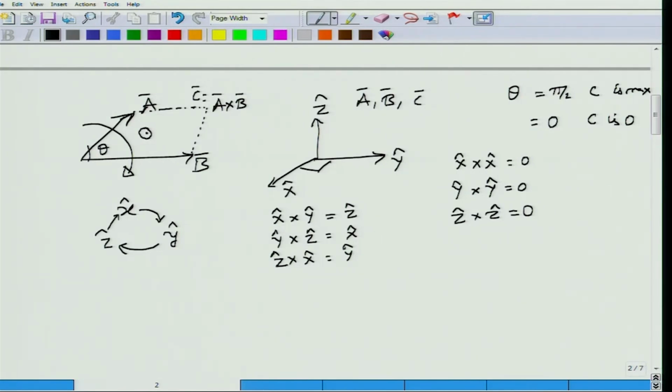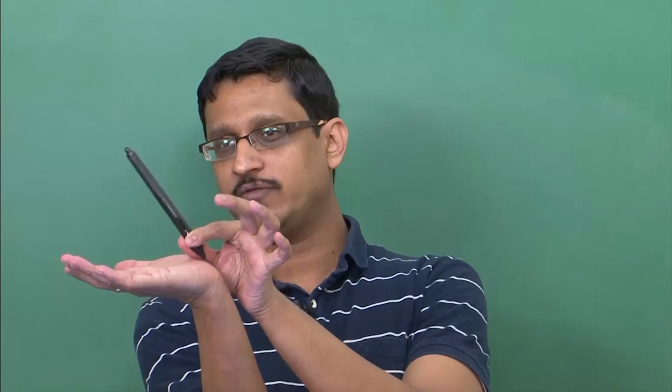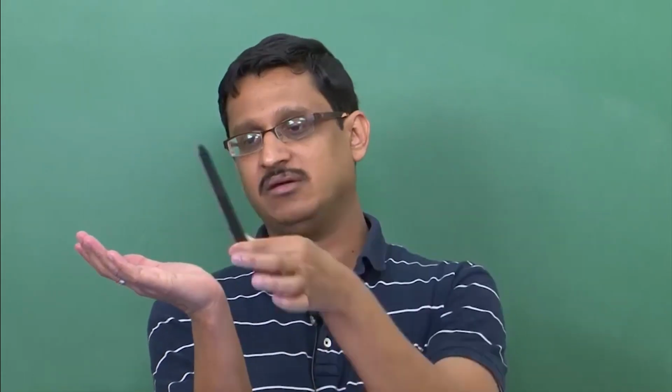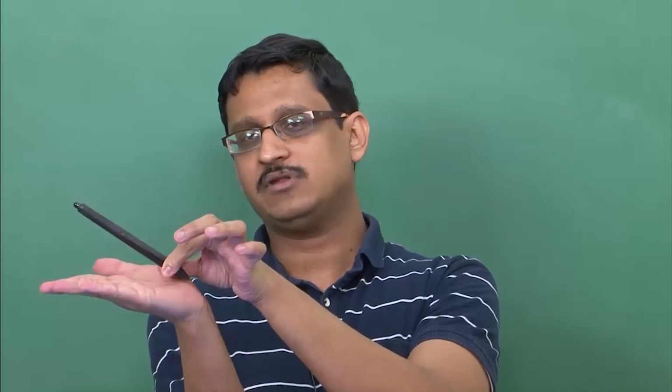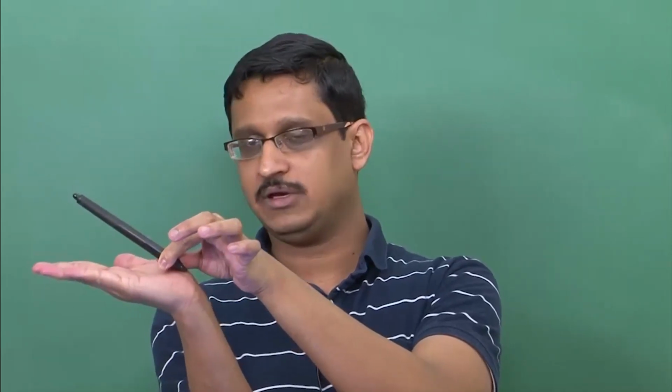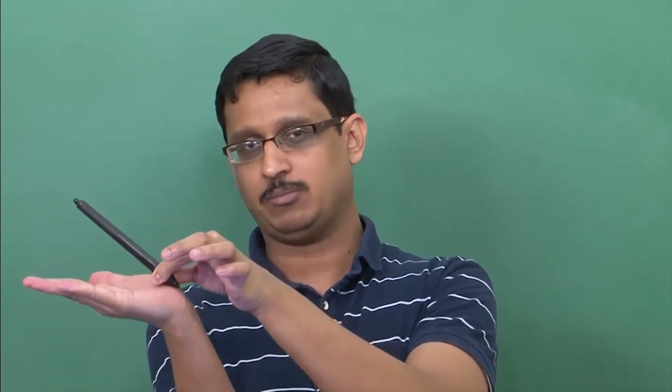Now, here is an interesting thing. Dot product did not care whether you took A dot B or B dot A, right. It did not care because the physical meaning of dot product is that you take one vector and try to find out the component of this vector, this black pen, on one of my fingers, the direction in which my fingers are pointing.